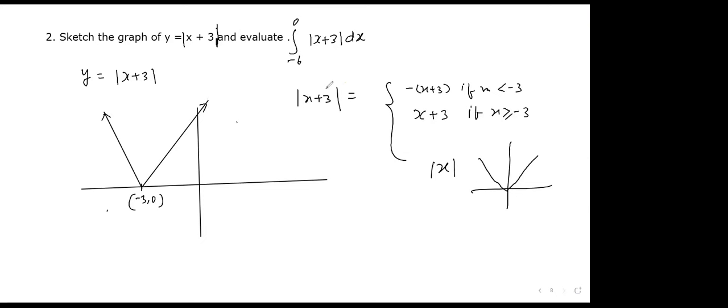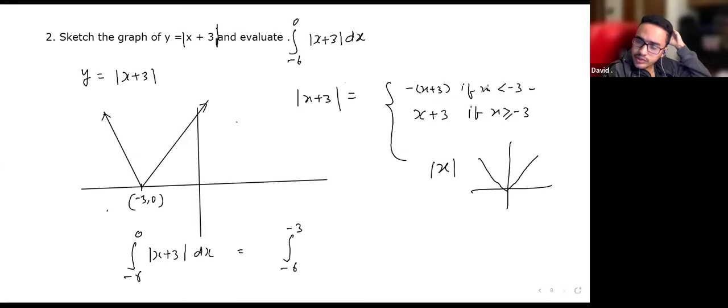Now you have to find the integral of the given function. So the integral from -6 to 0 of mod x plus 3. What we will do is split this limit into two parts, from -6 to -3 and -3 to 0. First we will take -6 to -3. And we know that for x less than -3, it is negative (x plus 3).